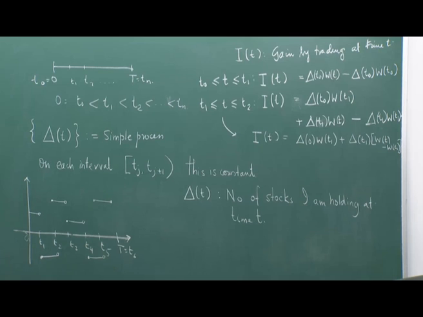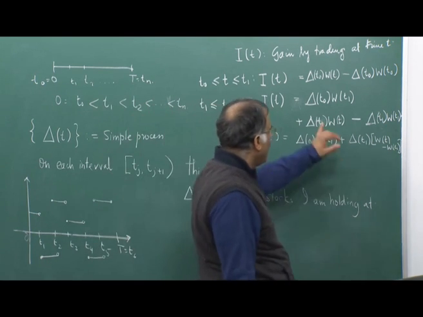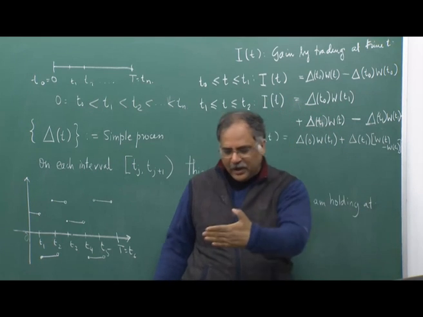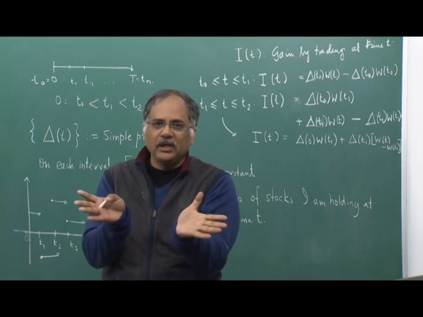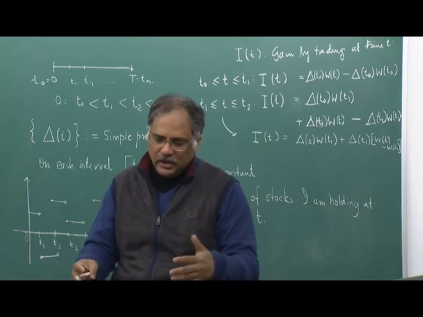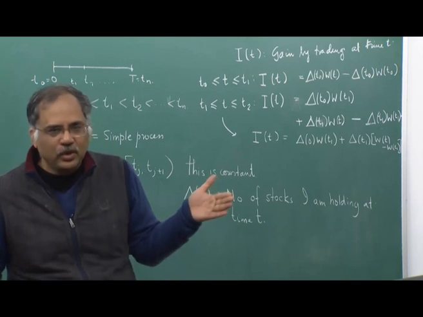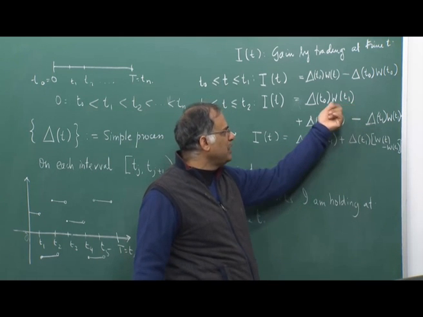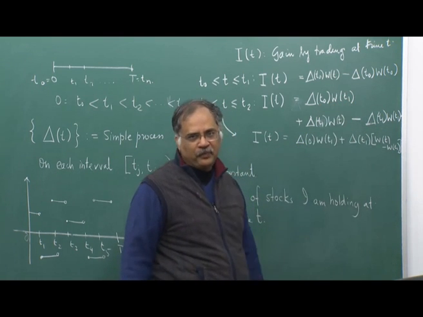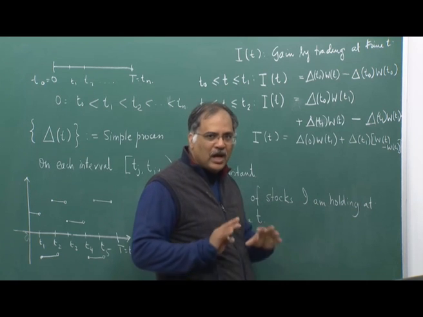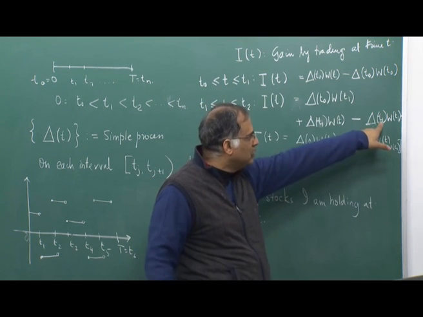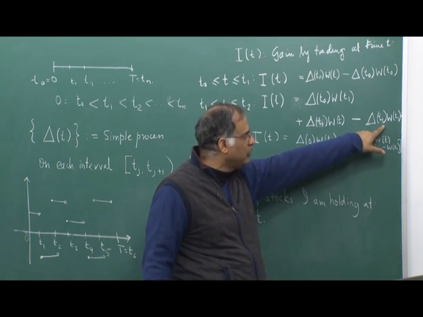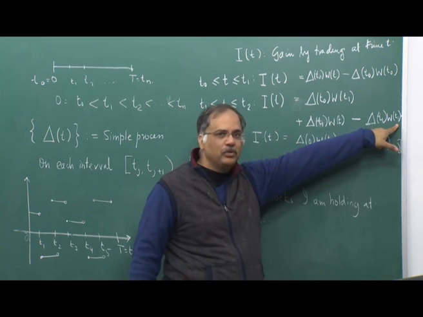Again, if you are slightly not comfortable, what I did is, I know that the maximum time I can hold the stock I bought at time 0 is up to time t1, then I have to sell it. Then at time t1 I know the stock price and I sell it at this price. Now, with that money I buy stocks, of the amount delta t1, at the price Wt1.